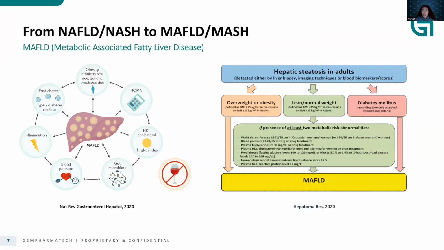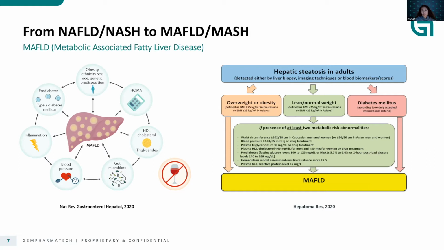So last year, 2020, there has been a recommendation, instead of calling this particular disease and its progression NASH and NAFLD, NIH recommends that we change it to MAFLD and MASH. M basically means metabolic or metabolism associated fatty liver disease.